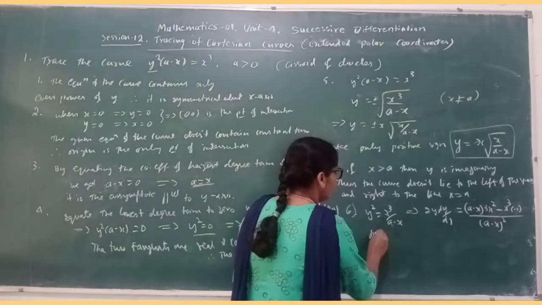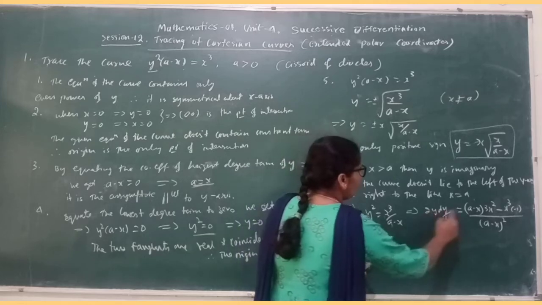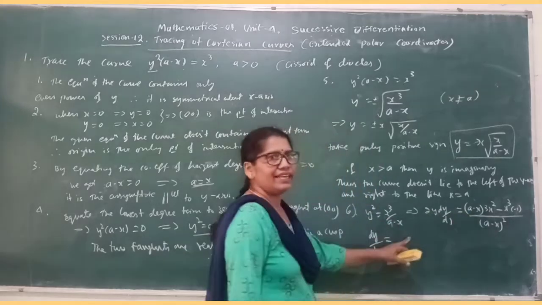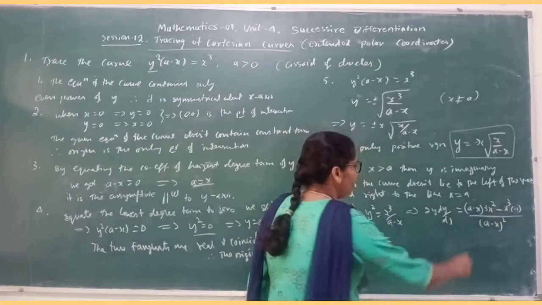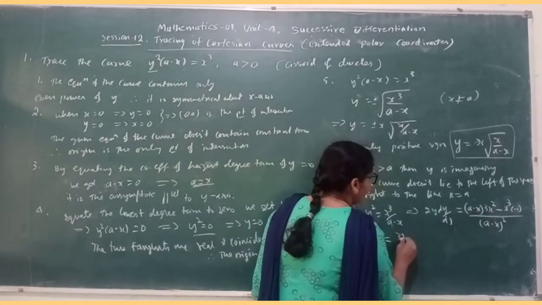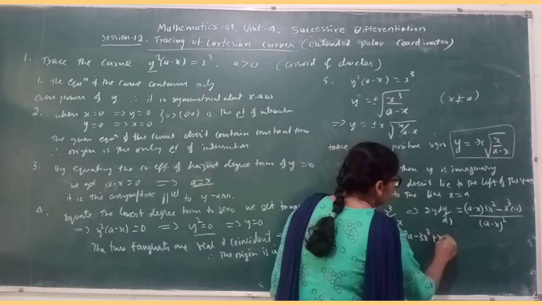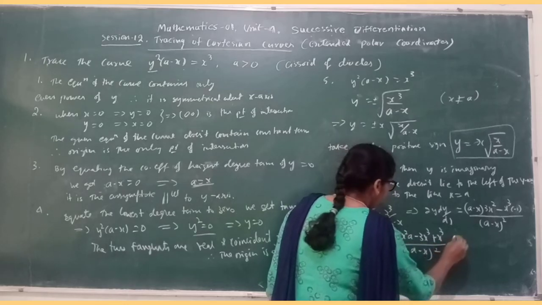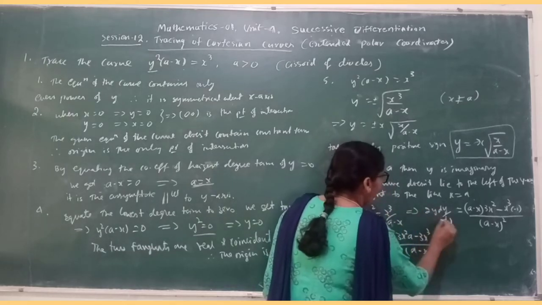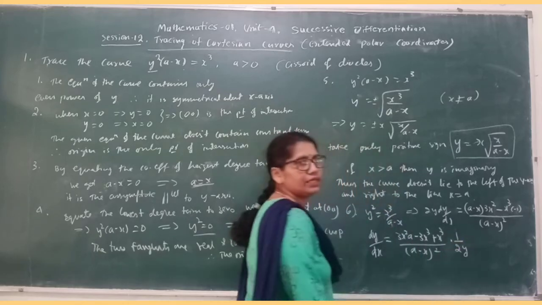So we get dy by dx is equal to, 2y will transfer this side and simplify these terms. So we will multiply together and simplify: 3x square a minus 3x cube plus x cube by a minus x whole square, into, see this 2y I am transferring to this side, so it becomes 1 by 2y.